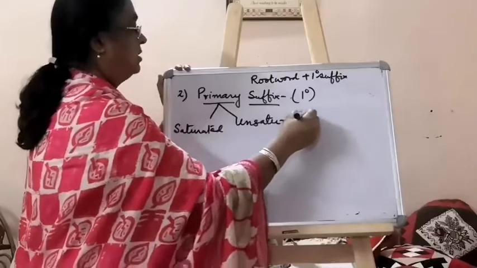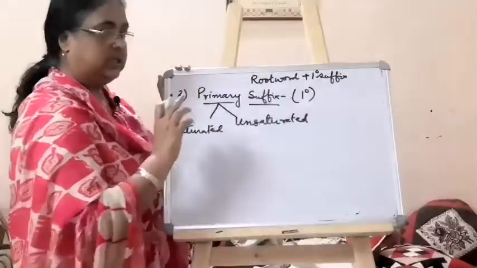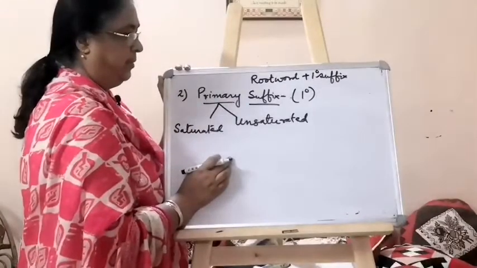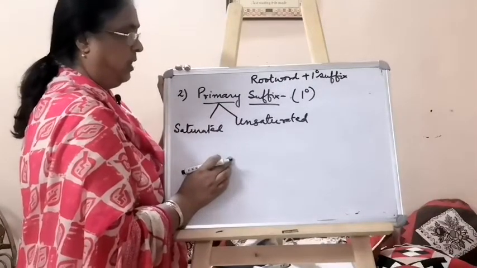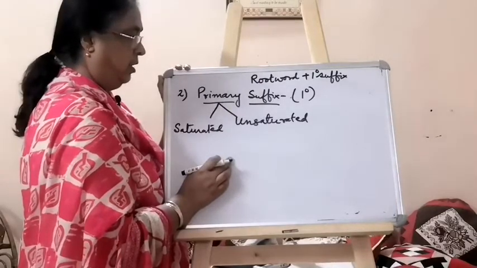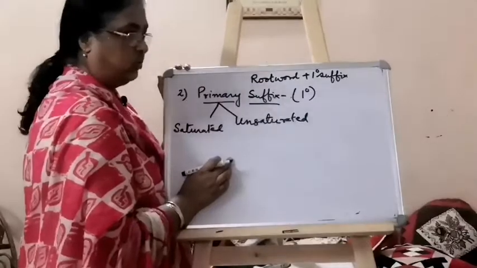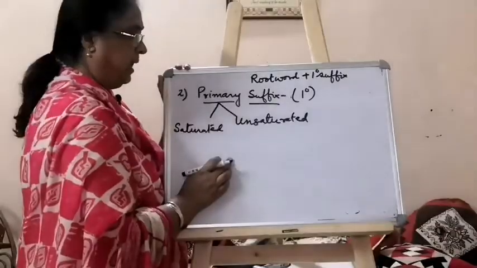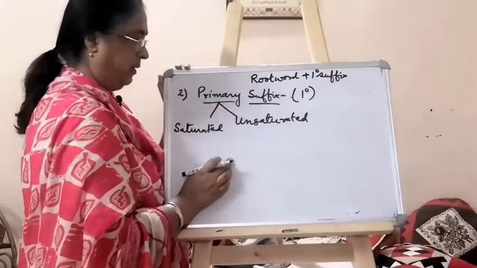You know about saturated when there is only single bond, and unsaturated when there is double bond and triple bond. When there are double or triple bonds or both, single bonds will also be there. In that case, we ignore the single bond and we consider only the double and triple bond.